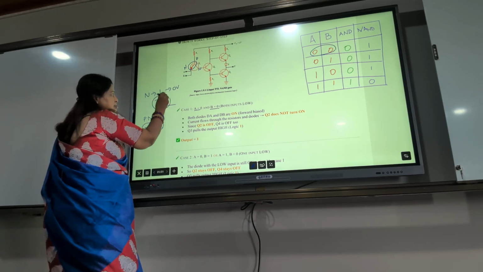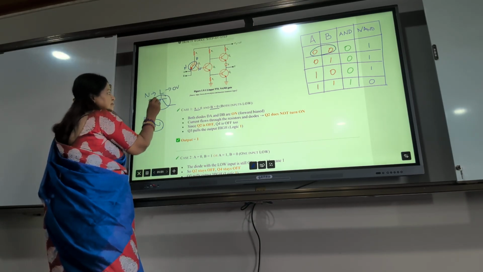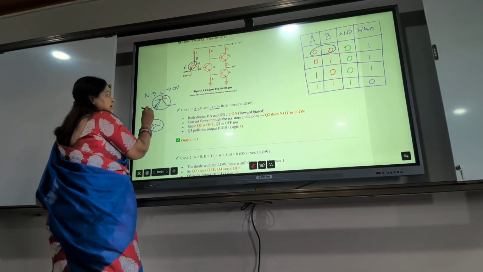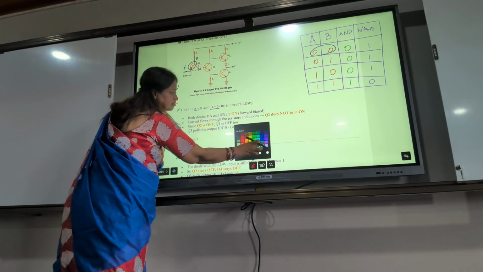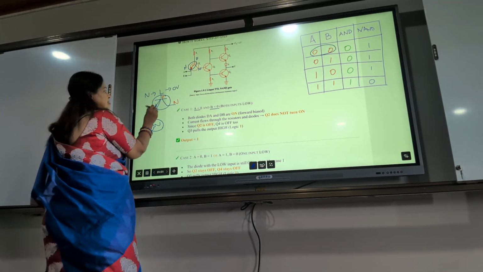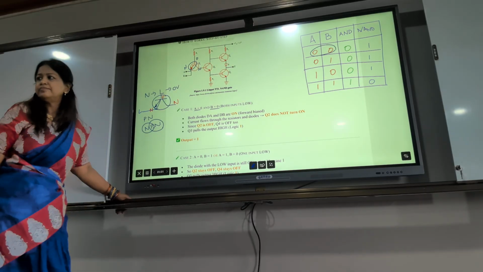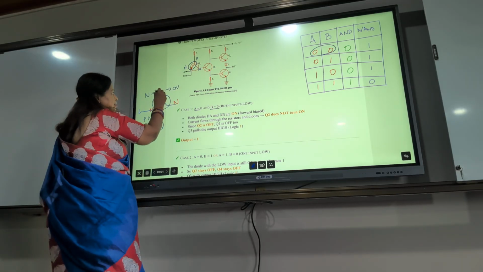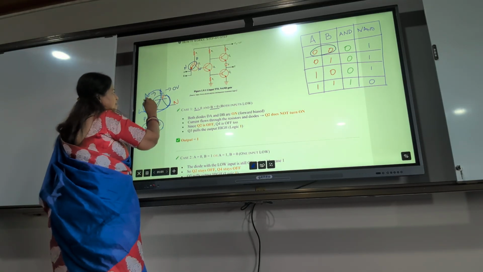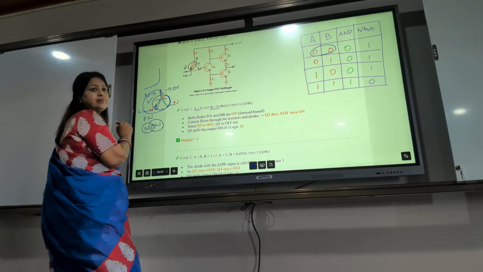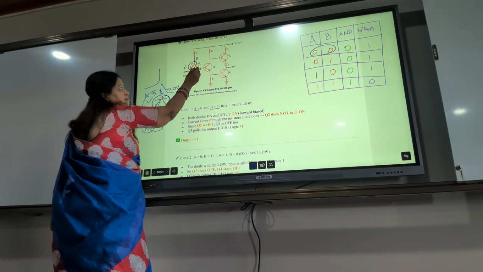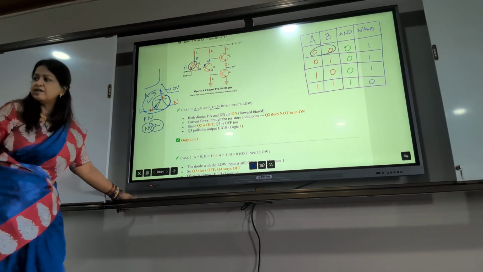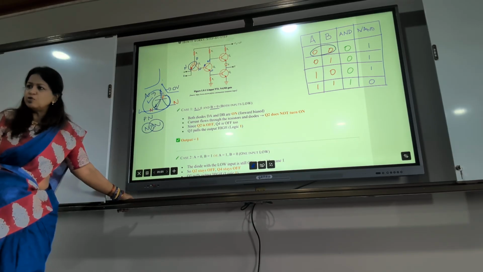This is your 2-input transistor, P, N, N. I am connecting this N to low. Forward bias or reverse bias? Forward. So this side is forward biased and there is connectivity, whereas here it is open, because N is connected to P. So reverse bias is open.